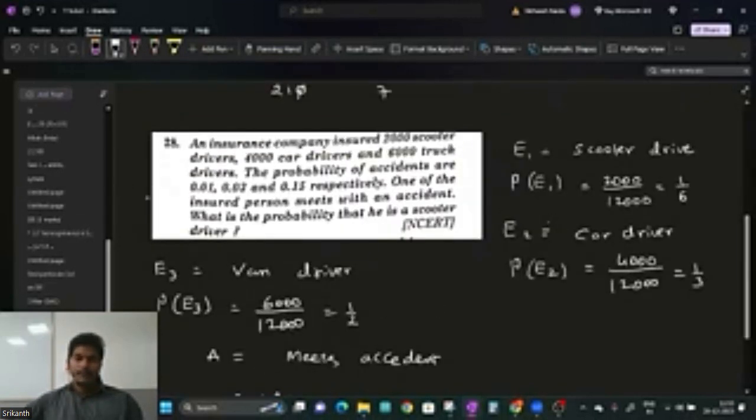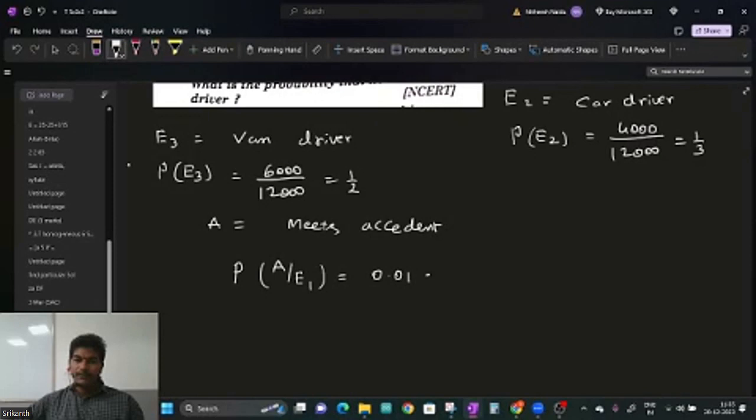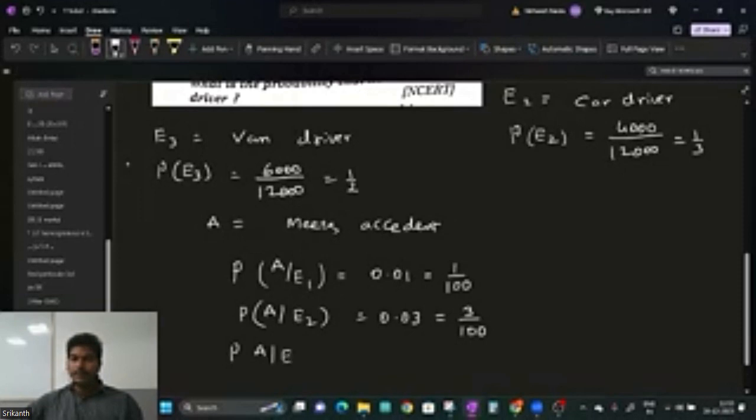Look at this, 0.01, 0.03, 0.15. 0.01 means 1 by 100. P of A by E2 is 0.03. So 3 out of 100. Probability A of E3 is 0.15. 15 out of 100.